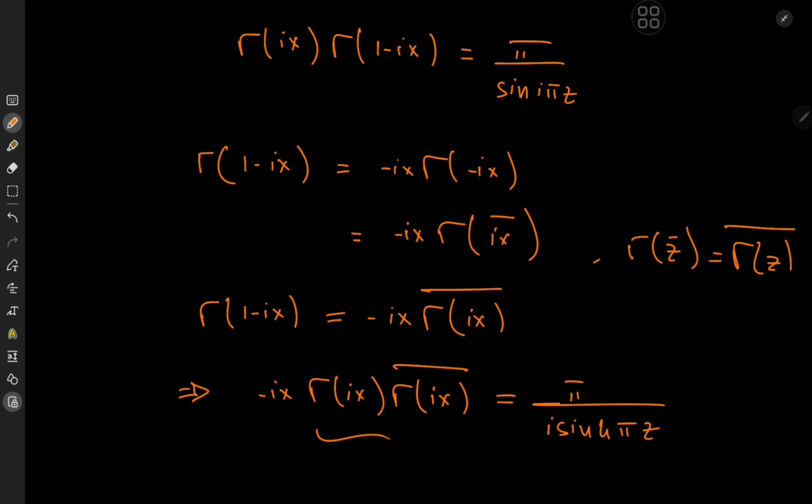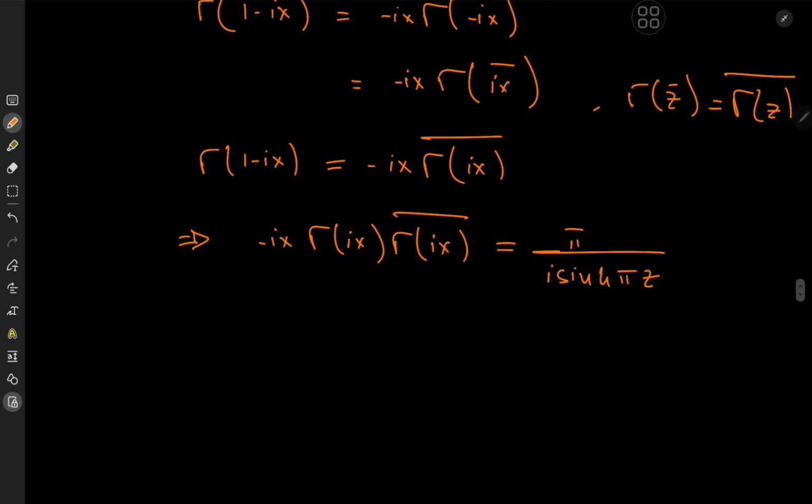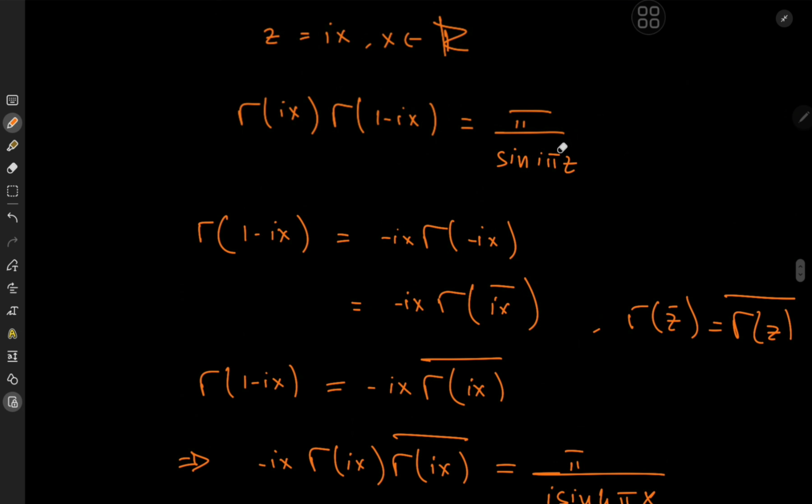And what on earth is z times its conjugate? That is just the squared modulus. So we have minus ix times the modulus of gamma ix squared equal to pi over i sinh of pi x, but 1 over i is just negative i. Oh, terribly sorry about that, I kept writing z instead of x. So yeah, my bad.